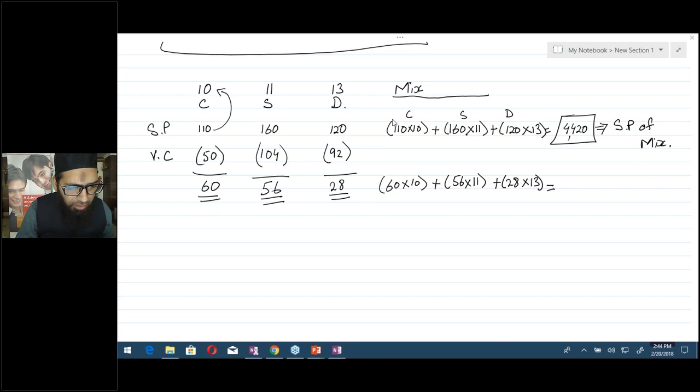Salma Mehndi Hassan, kindly recalculate your answer, because Salman Shahid, Abid Shah, Satyan Ali, Hamza, Shafaqat all have calculated 1580. So the correct answer is 1580. So this is the contribution of mix.